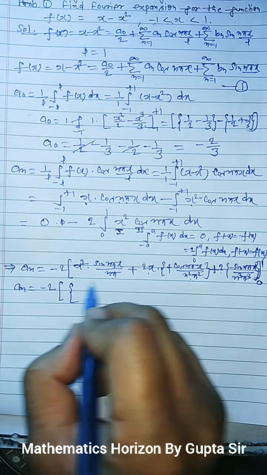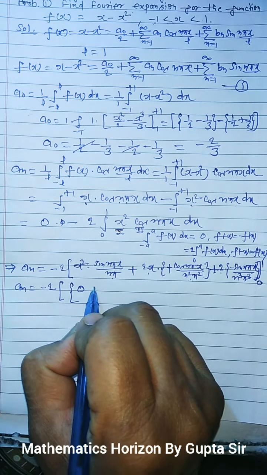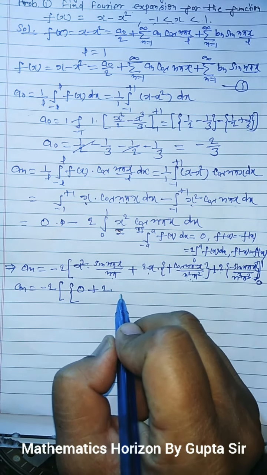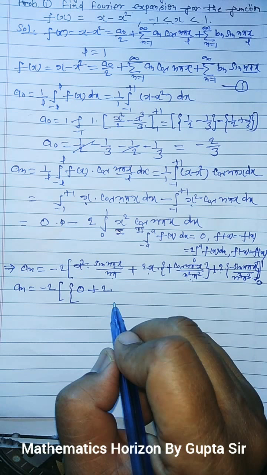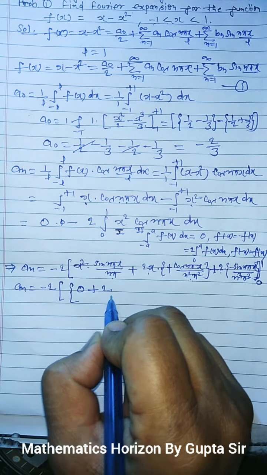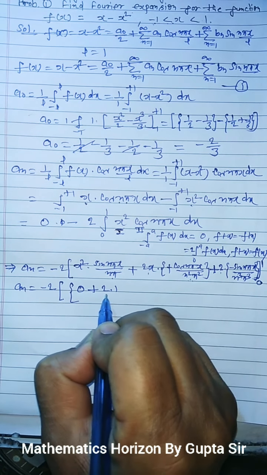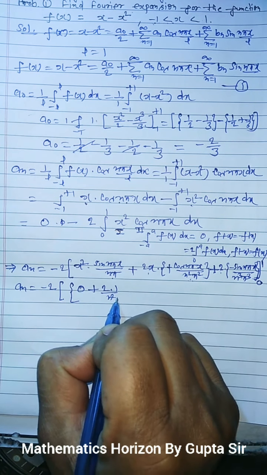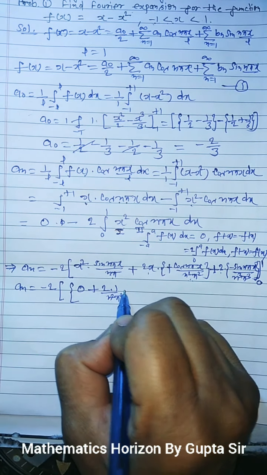That is, this term is 0, plus 2 into 1, when x equal to 1, 2 into 1 upon n square pi square, and cos n pi.